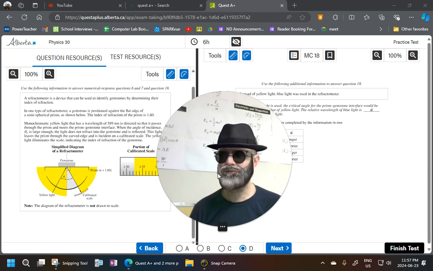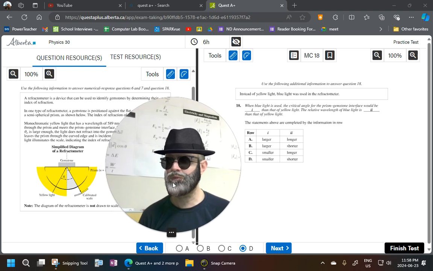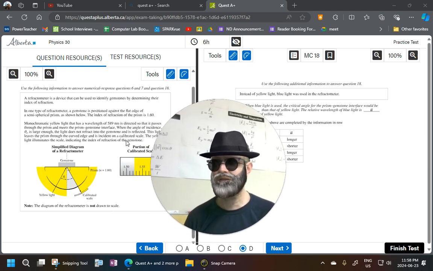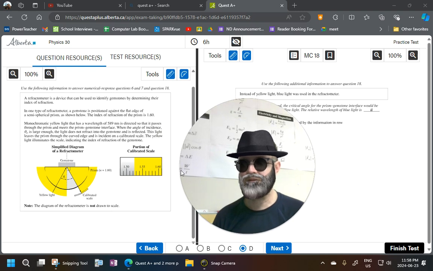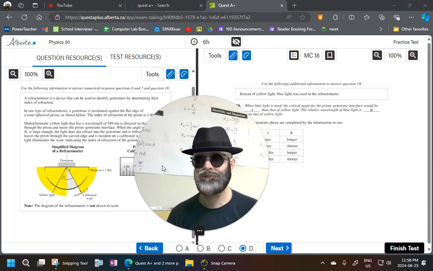I'm really pissed off at this question, because this question just doesn't work based on the information that we know. They're not giving us enough information. They're not telling us what the index of refraction for blue light is. They're telling us what yellow light is. I'm assuming this is designed for yellow light. So that's going to change because every material has different index of refraction for different colors, right?